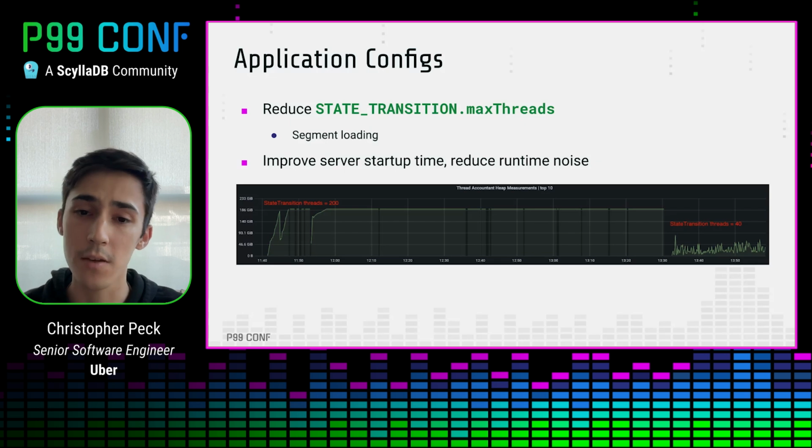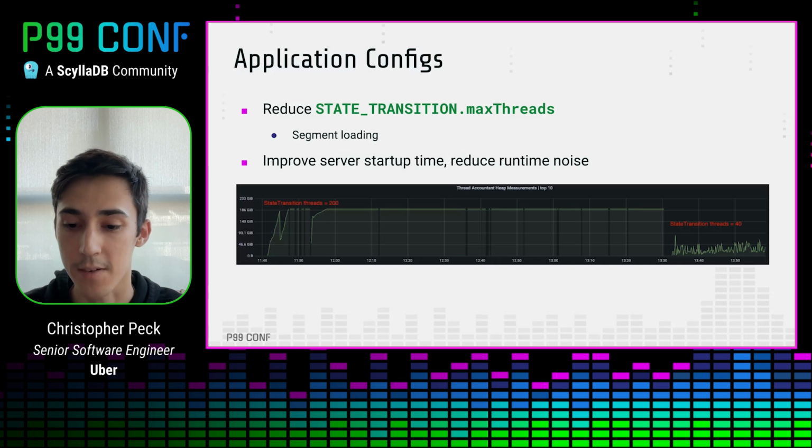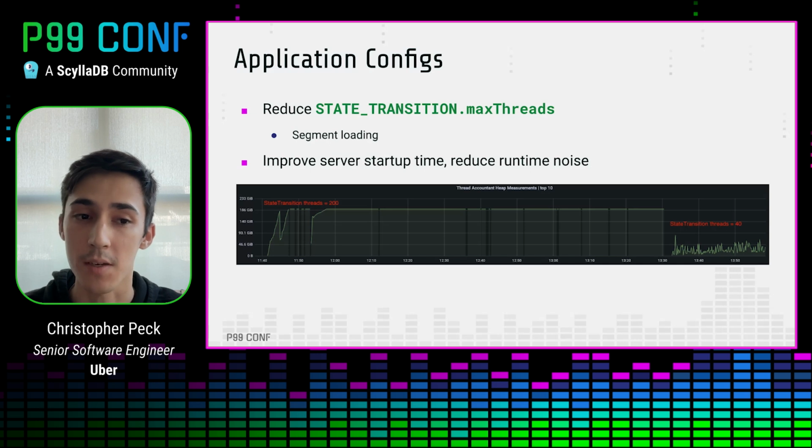When we have too many of those parallel operations going on at the same time, we were running into a lot of allocation stalls and they start to compete. By reducing the number of threads and that noise, we were able to improve our server startup time and we didn't get these random runtime spikes that would impact queries.